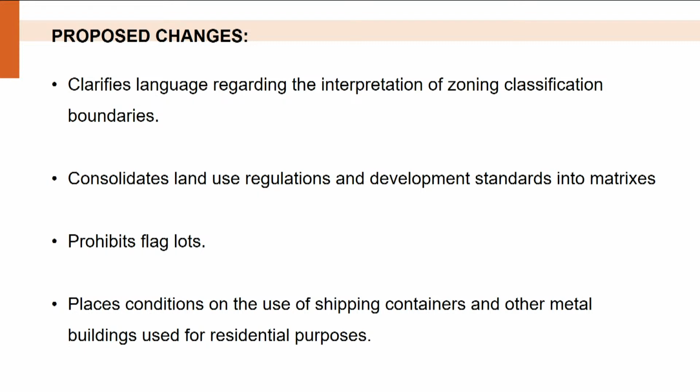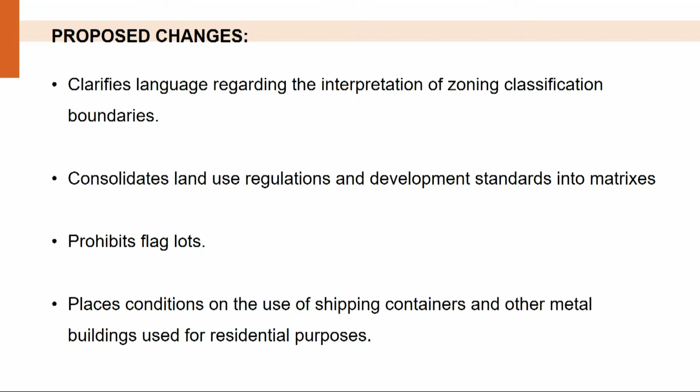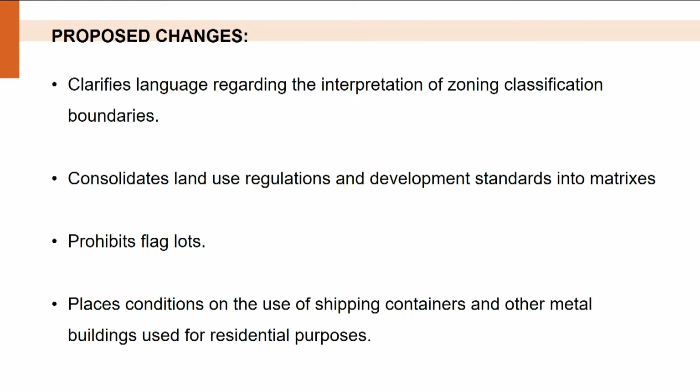We've prohibited flag lots, and we've placed conditions on the use of any shipping containers and other metal buildings used for residential purposes. This is a type of trend that does happen in other parts of the country. We haven't had any, to date, requests to make a house out of a shipping container, but we want to put some regulations in effect there.